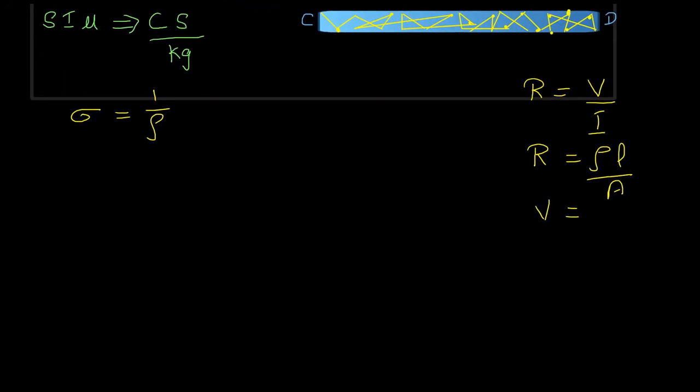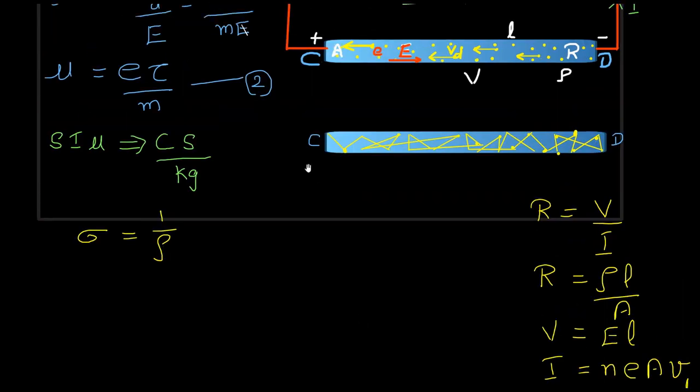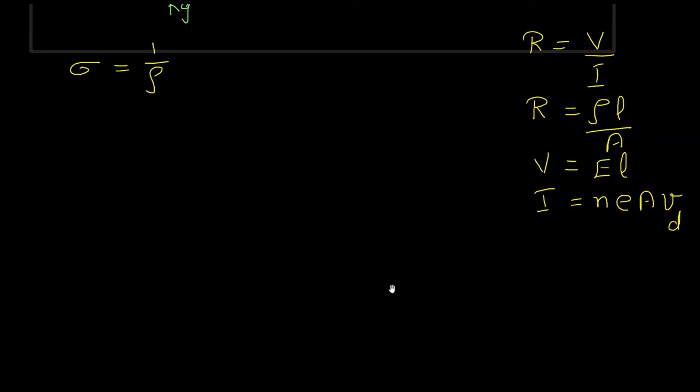So V equals E into L. Similarly, the current I can be written as I equals n e A Vd, where A is the area of cross section and Vd is the drift velocity, e is the electronic charge, and n is the number of free electrons per unit volume. If we take unit volume, n number of free electrons are there.